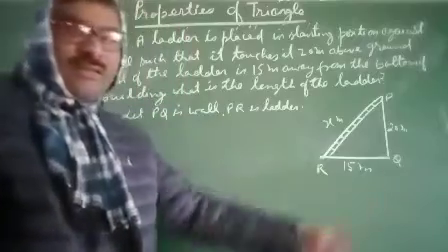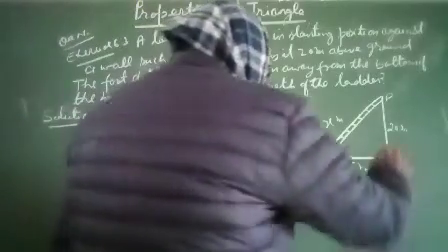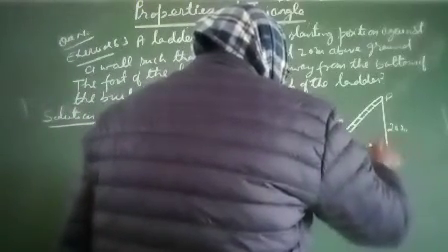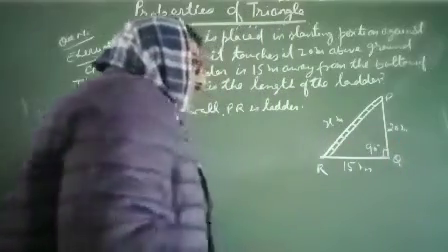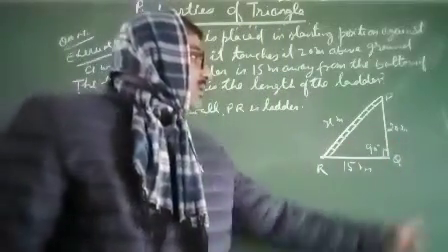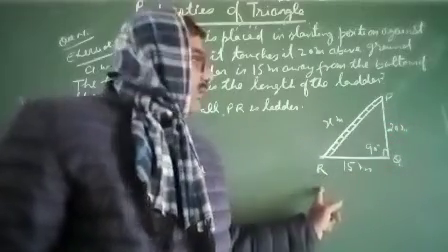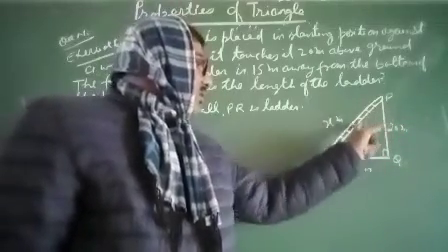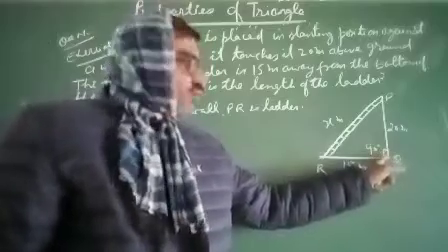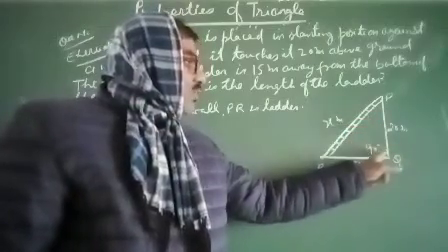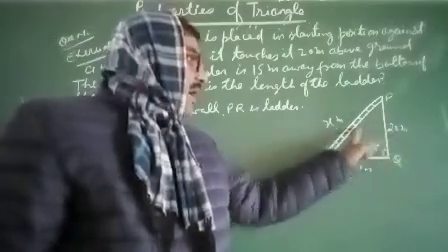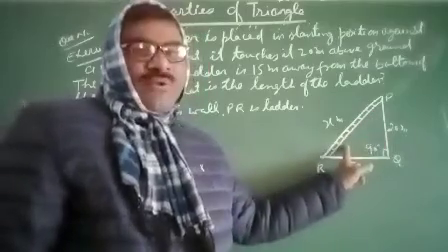As you see here, this angle is 90 degree. So this is just like a right angle triangle, and the side opposite to this angle is the hypotenuse. Therefore, this is the hypotenuse.